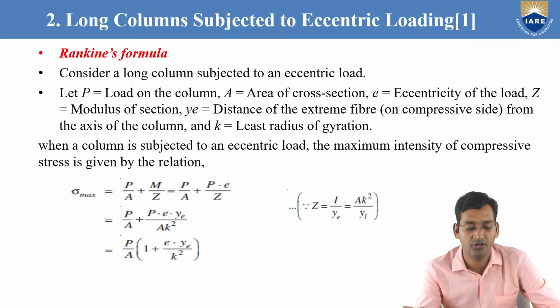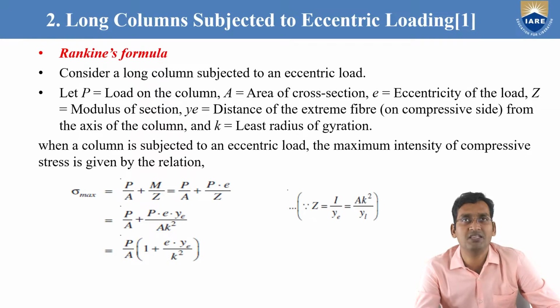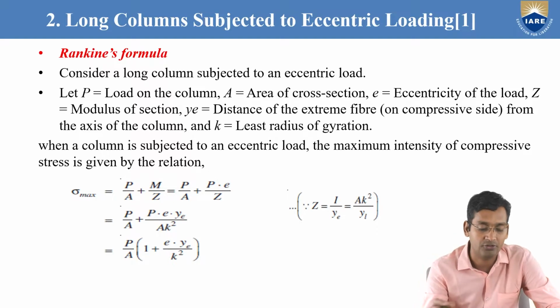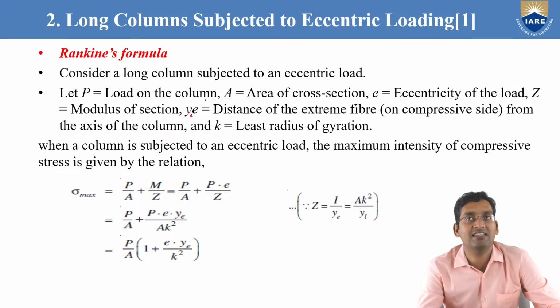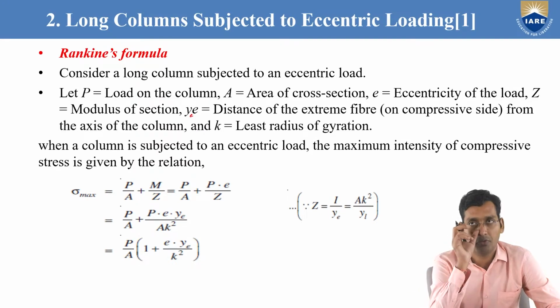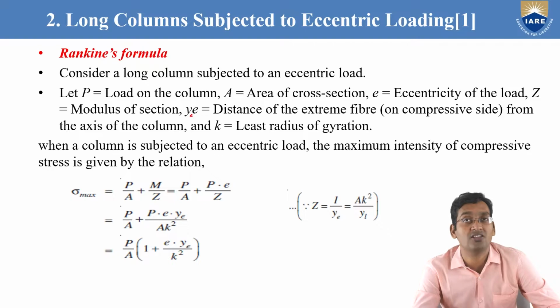Let P equal the load on the column, A the area of cross section, e the eccentricity of the load, Z the modulus of section, and Y subscript E the distance of the extreme fiber on the compression side from the axis of the column.